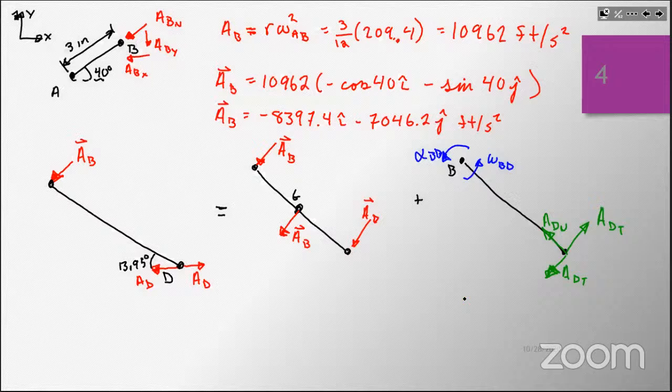So that 13.95 came from the original problem. Remember, we did a bunch of trig there. What we ended up doing is, we know that this bar is at 40 degrees.